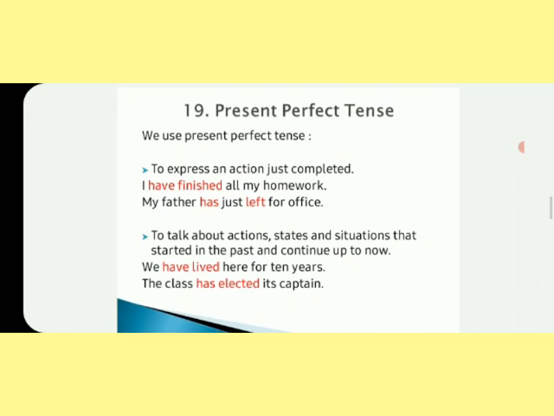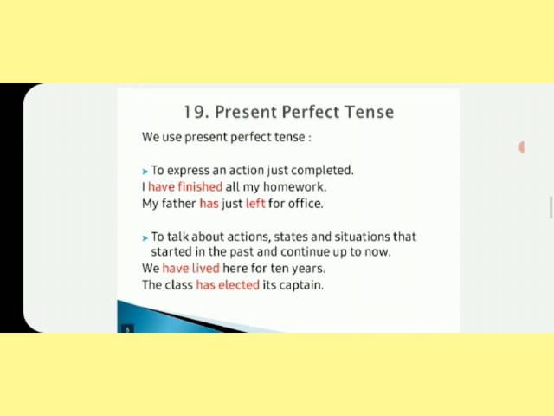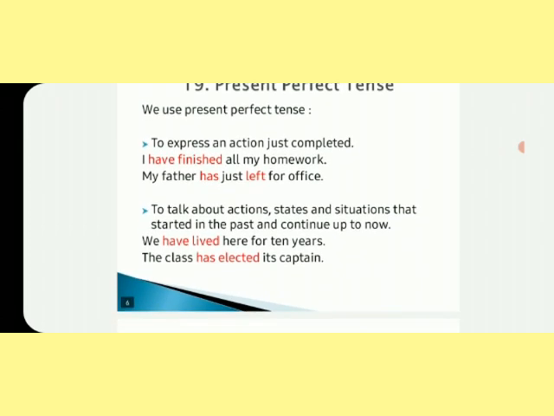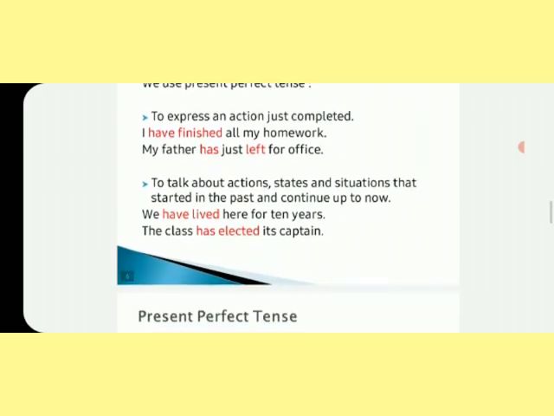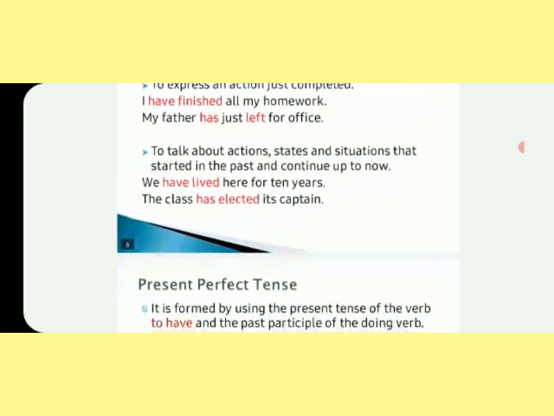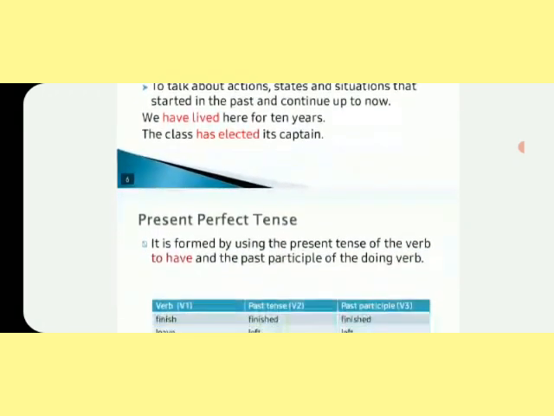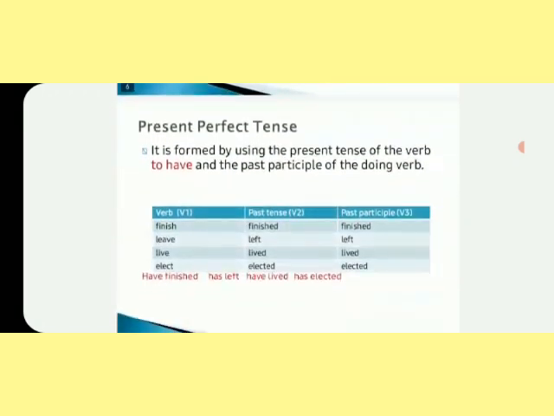The class has elected its captain. So the captain is still there. So something started in the past, and at present it has just completed the task. So that is present perfect tense.